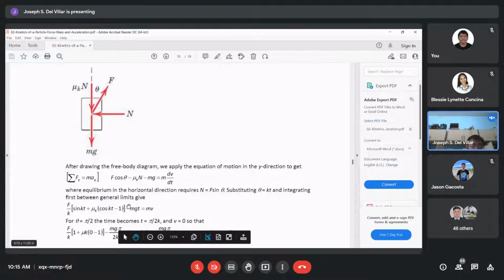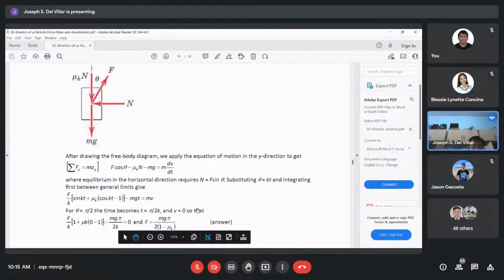Okay? So, yun yung after integrating. And then, dito na natin i-substitute: when the angle reaches 90 degrees, or that is pi over 2, the time becomes t is equal to pi over 2k. Okay?